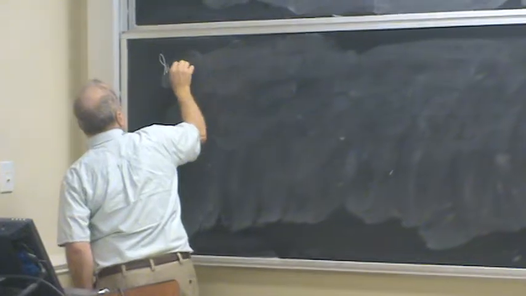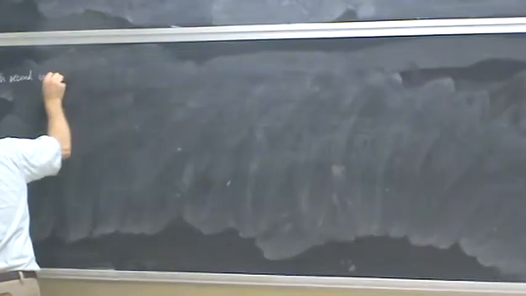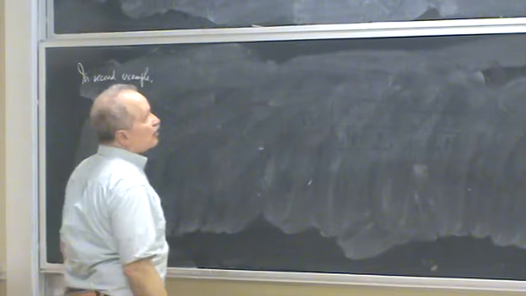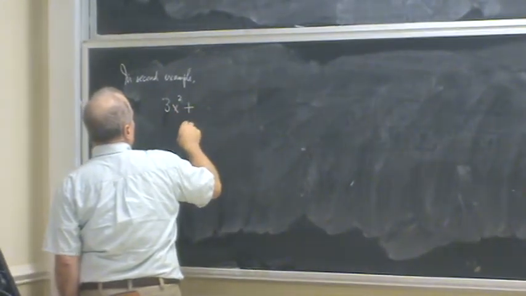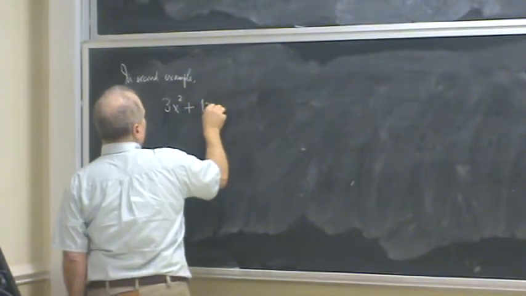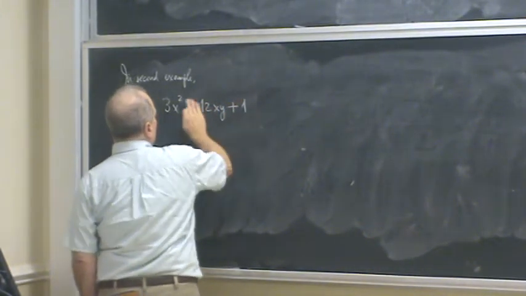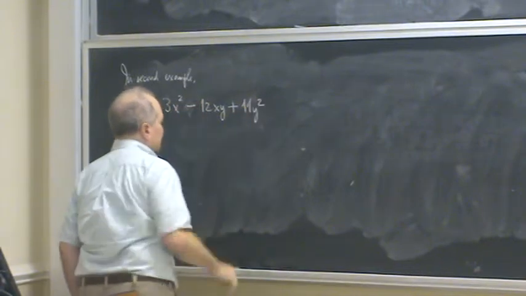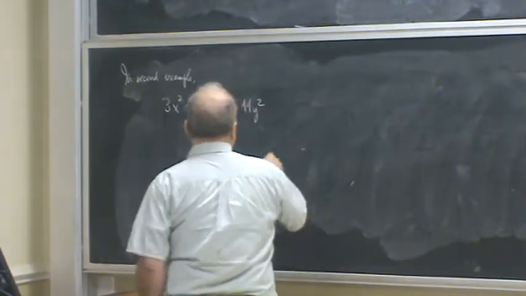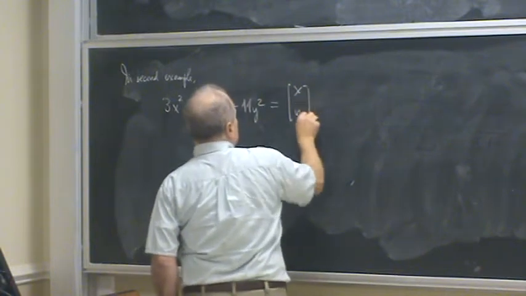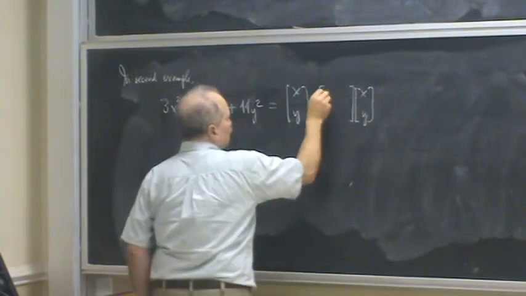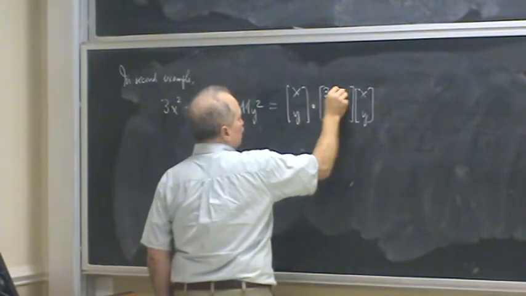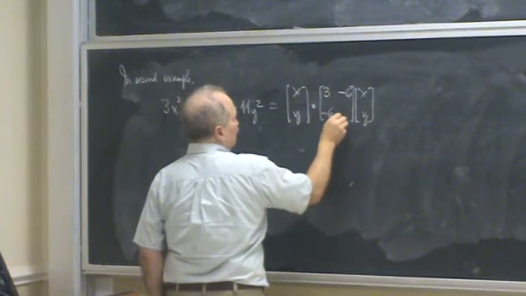In the second example, can you guess what matrix ought to go here? 3, negative 6, negative 6, 11.